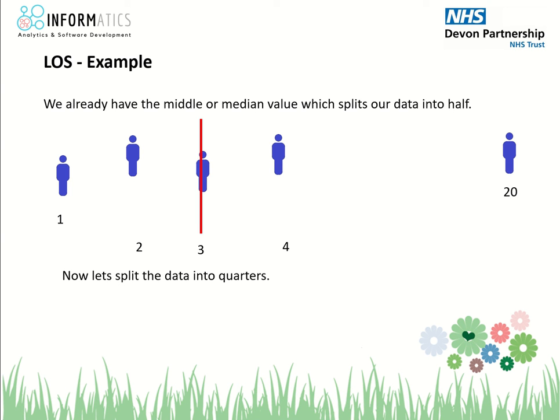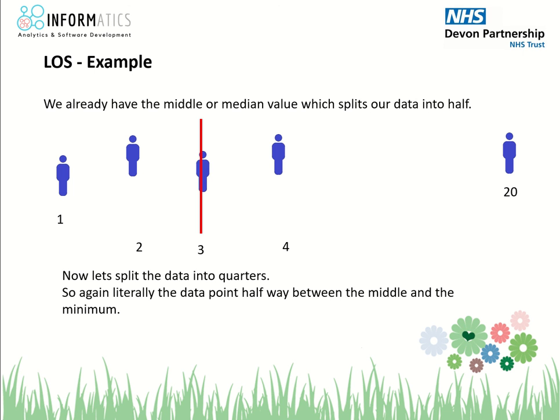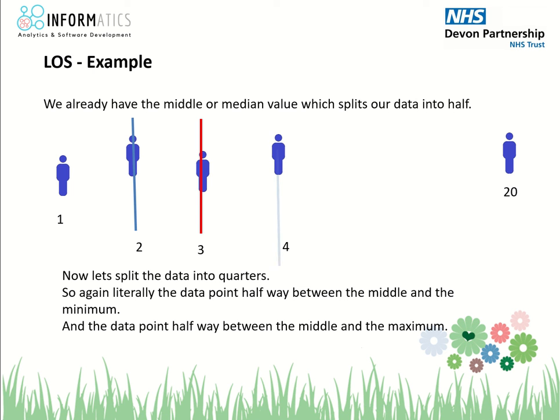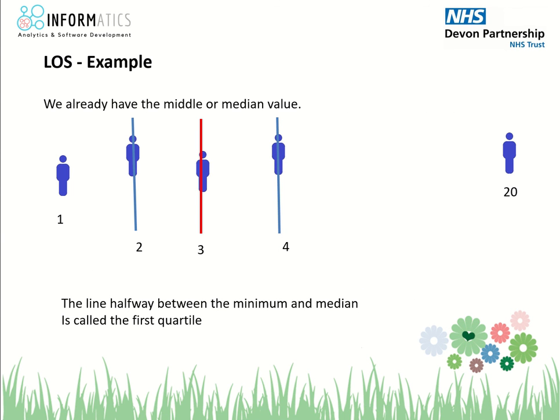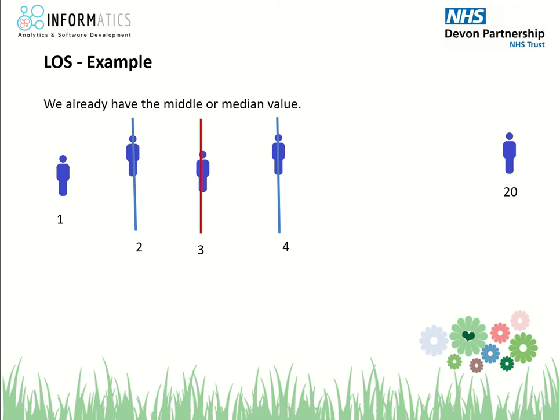Now we're going to take it one more step, and we're going to split our data into quarters. So literally the data point between the middle and the minimum is 2, and the data point between the middle and the maximum is 4. So the line between the minimum and the median is called the first quartile, which is this one here.